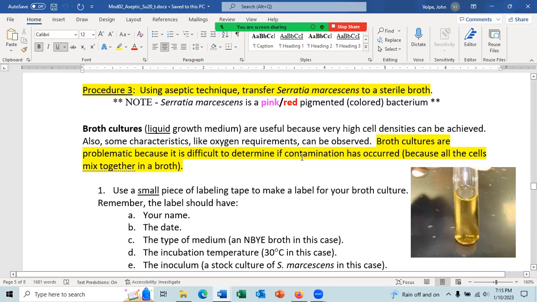So my point is broths are a little tricky and you can't be certain that you don't have minor contamination. However, if you had major contamination, the growth will not look pinkish. It would be more of the off-white color with maybe a very slight pinkish color, but mostly off-white for major contamination. Any question about any of that?